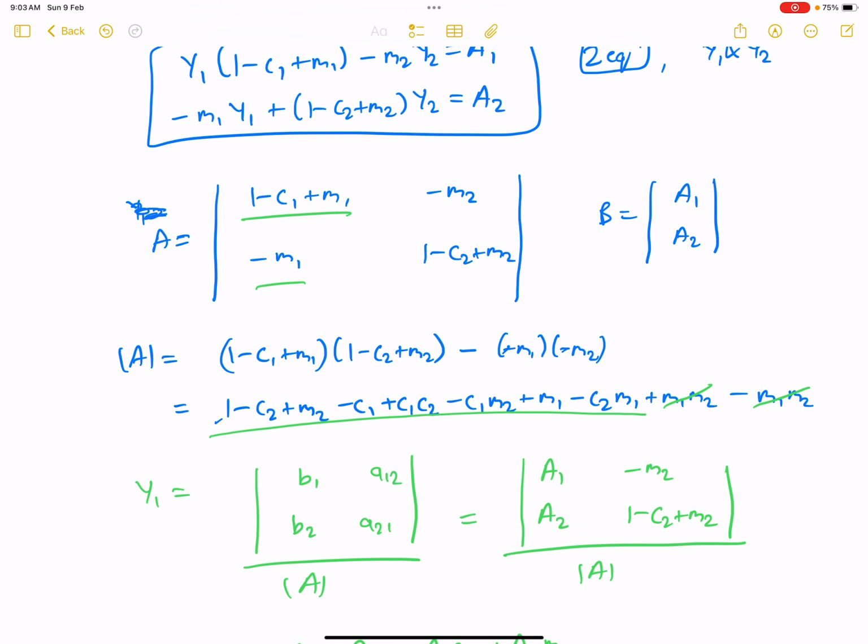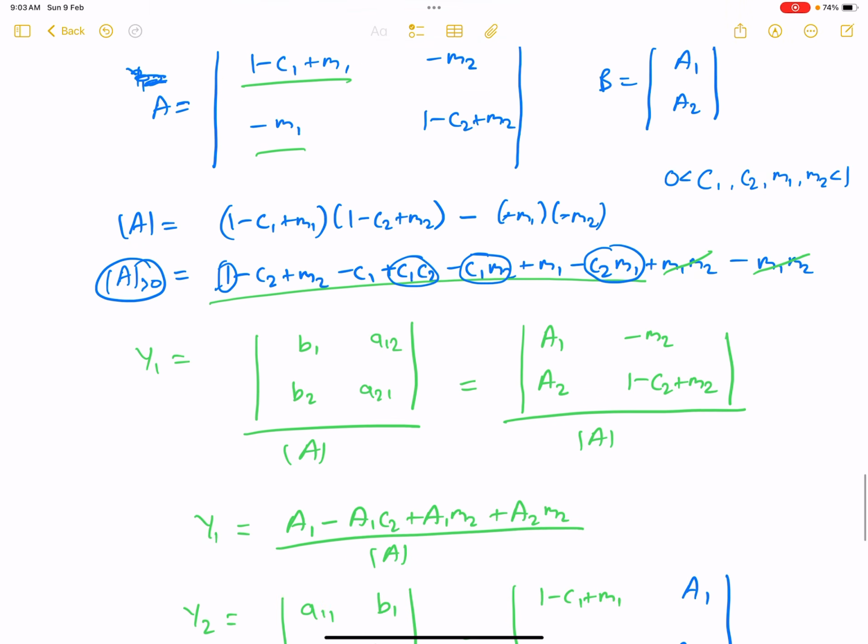Since c1, c2, m1, m2 all lie between 0 and 1, this product would be a very small number. It is expected that A determinant would be greater than 0, because 1 minus very small digits, and there are some positive signs as well.